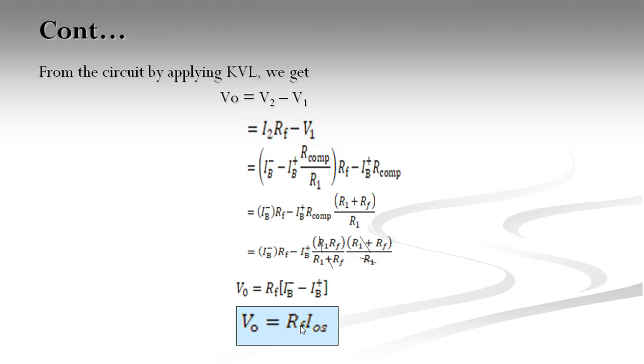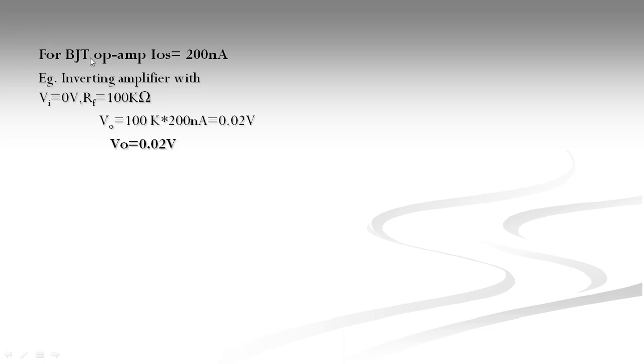Now let us see this with an example. We already know that manufacturers have mentioned in the specification sheet that for a BJT operational amplifier, IOS is equal to 200 nanoamps. So now let us take the example. We are considering an inverting amplifier with Vi 0 and we are taking the feedback resistor of 100 kilo ohms.